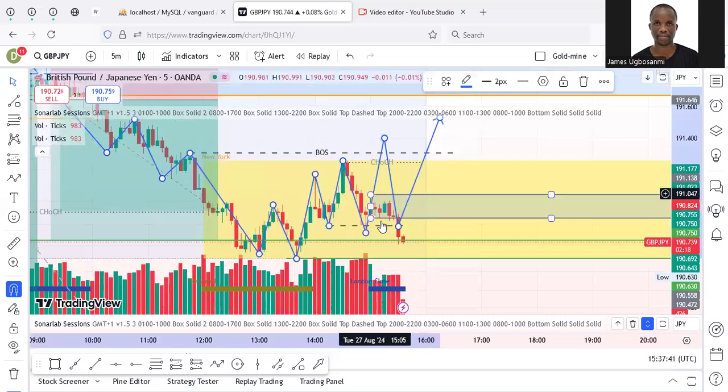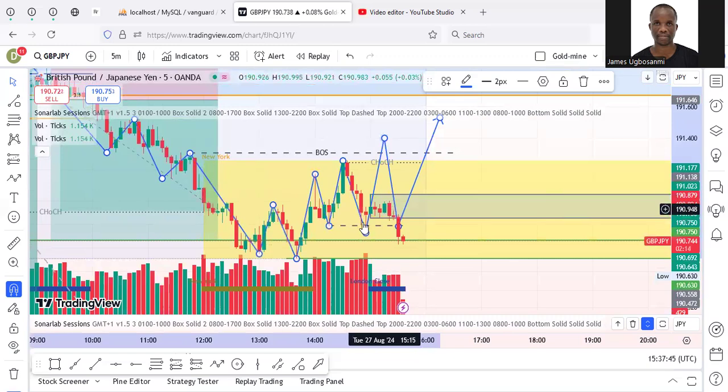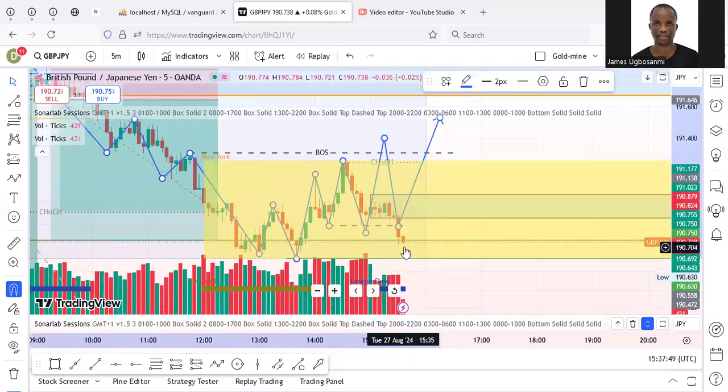But now the market has formed a lower low here because the previous lower high is higher than this lower low now.